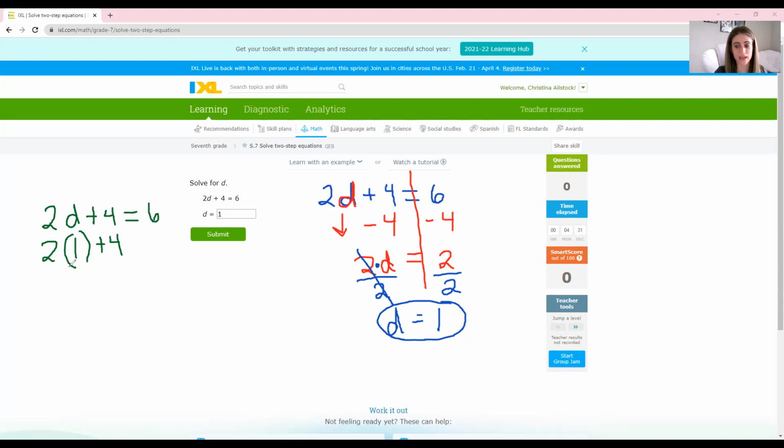I'm just simplifying. When you simplify, when we're not trying to undo anything, you just follow the normal rules of order of operations. We're going to multiply. 2 times 1 is 2. And then we're left with 2 plus 4, which is 6. And that's what we were supposed to get, right? So there we go. We just double checked. We confirmed that we didn't make any mistakes. We're good to go.